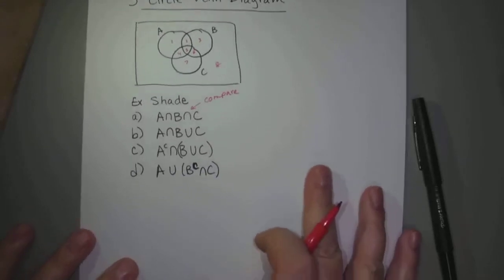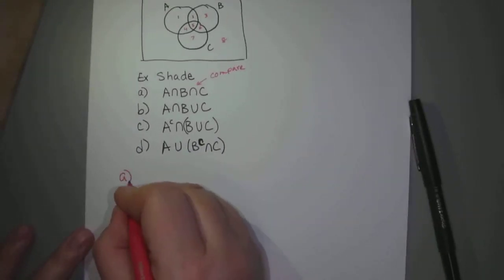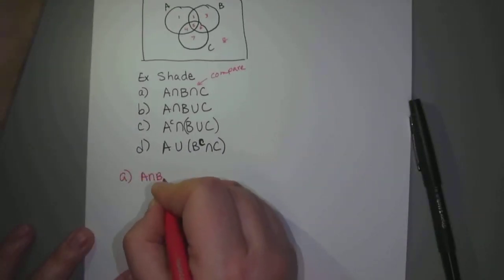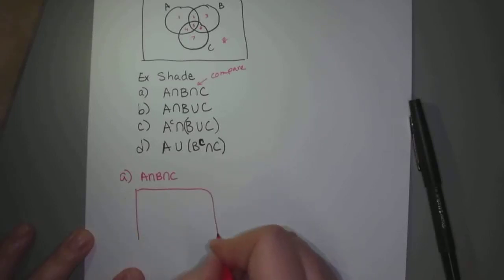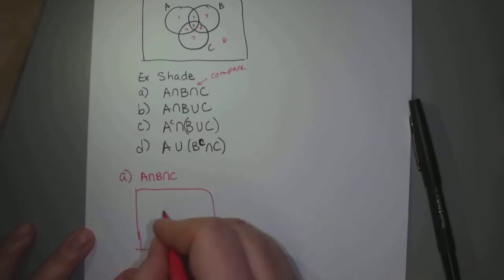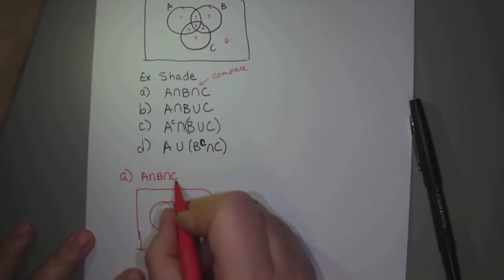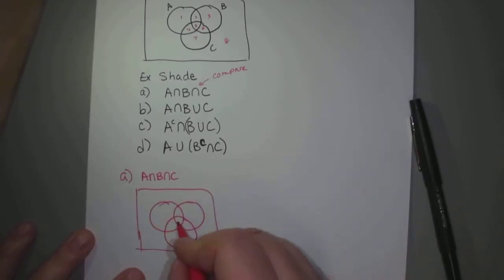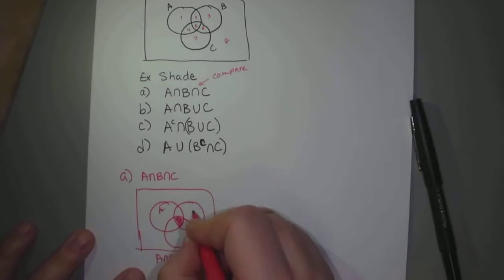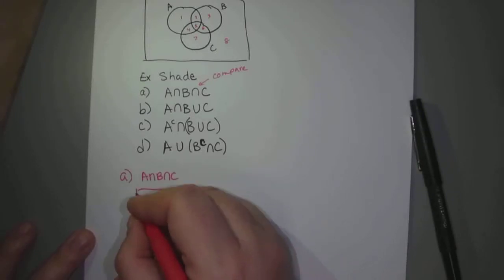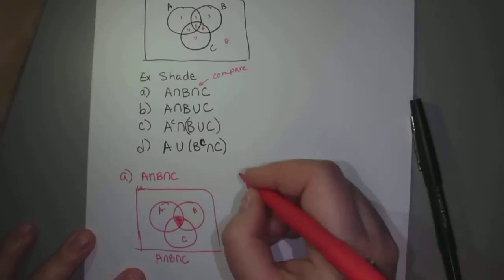So, for example, if I were to do A intersection B intersection C, we should be able to do this without thinking too hard. If we have A, B, and C, this is saying what do A, B, and C all have in common? All three of them have this section. So A, B, C. This is a universal set.